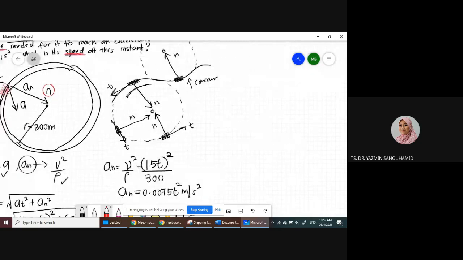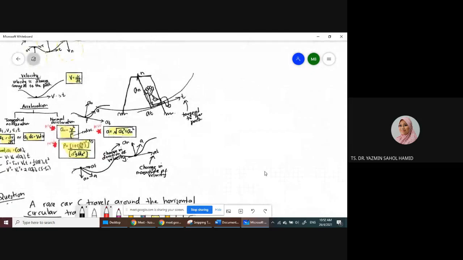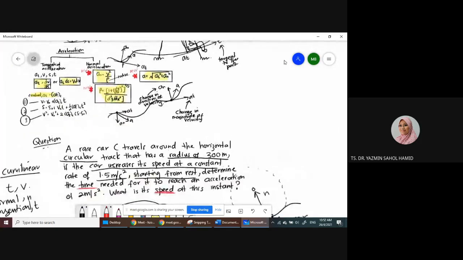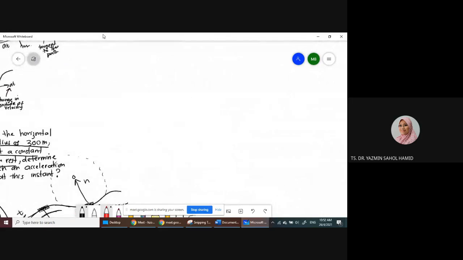For tomorrow, we will study radial and transverse. Just one more question, to see whether you can do it or not.